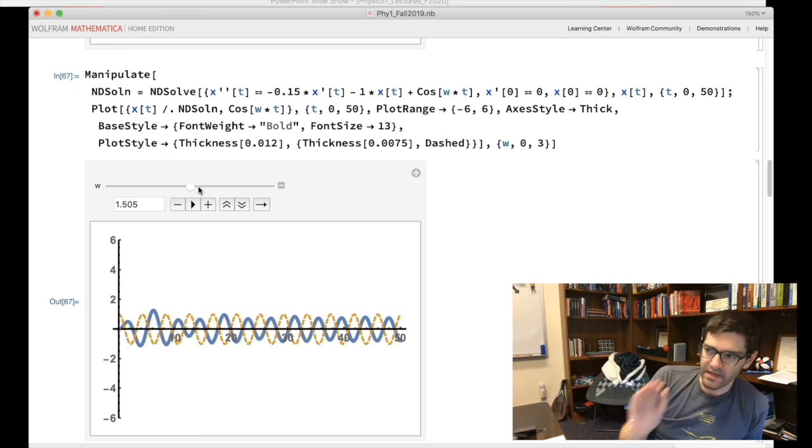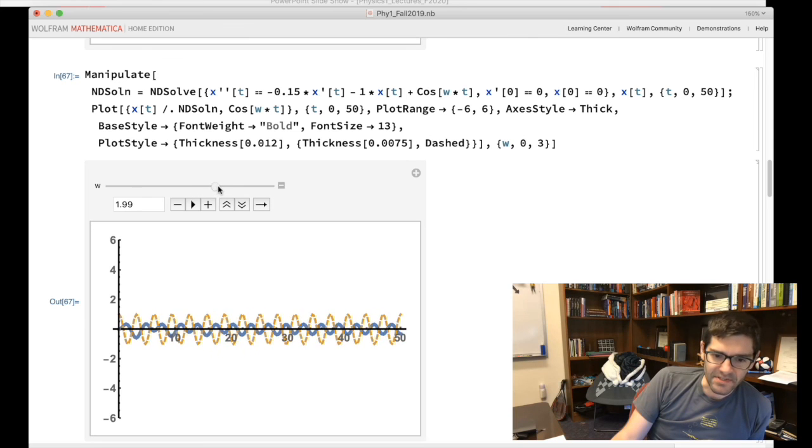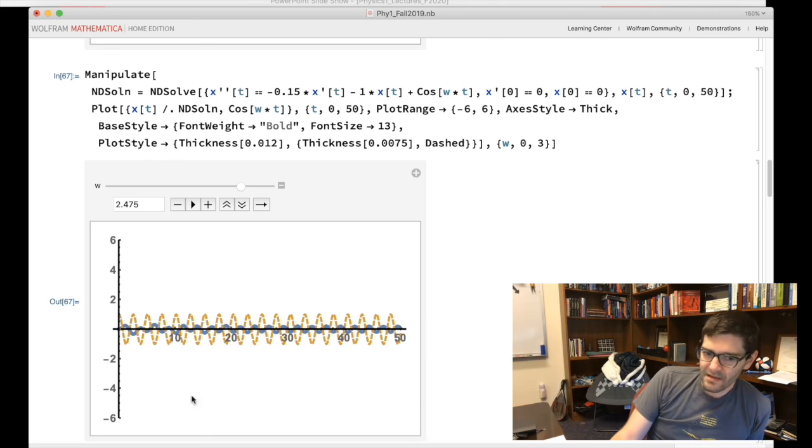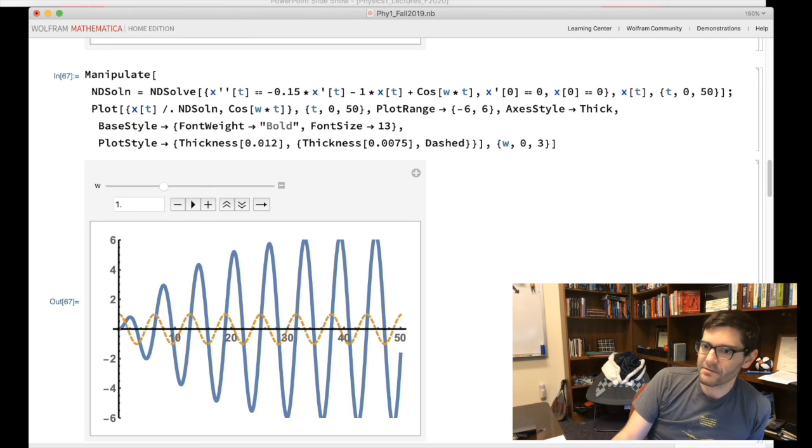You're working with and against the restoring force in equal amounts. And so it reaches some sort of stable equilibrium where everything gets damped away. Nothing really happens when you're driving at a frequency that's higher than the natural frequency. So it's frequencies that match the natural frequency which are dangerous.